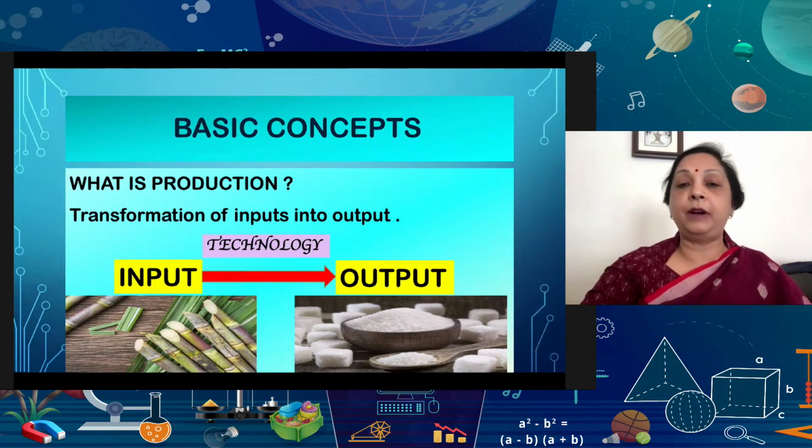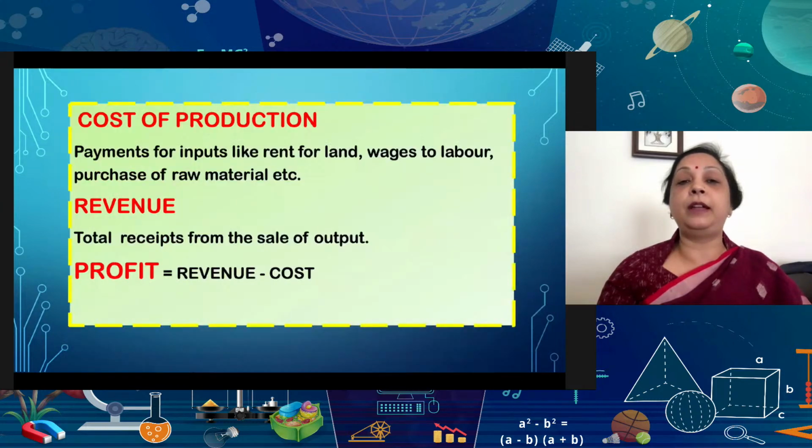So whenever a producer produces a commodity, he is adding to the utility of the product. Transformation of input into output in such a way that it adds to the utility of the commodity is what production is.